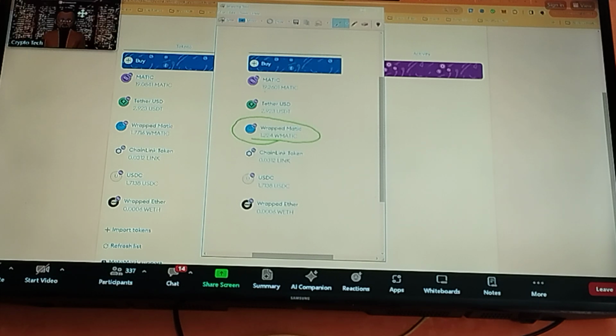I also did 2 trades, and my Matic dropped just a little bit, about 18 cents. So for the 2 trades, the one that failed was I think 6 cents, and the other one that succeeded, I paid about 18 cents in total. And that is perfectly normal in the crypto space.